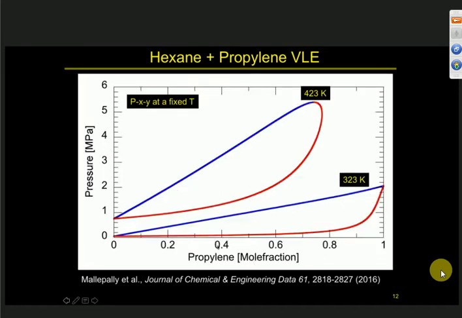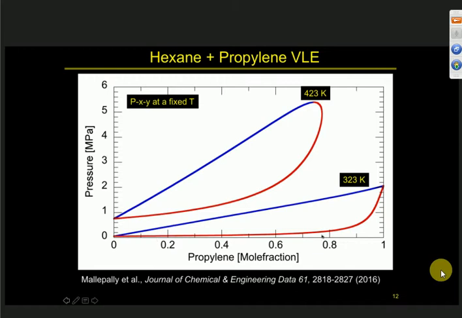That's what this is showing: the propylene mole fraction on the x-axis, and on the y-axis is pressure, in megapascals. These are the typical curves that we show to students in a thermodynamics class. This is at low temperature, 323 Kelvin, which is 50 degrees C, and this is 150 degrees C.